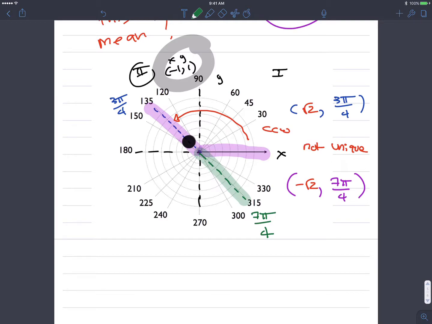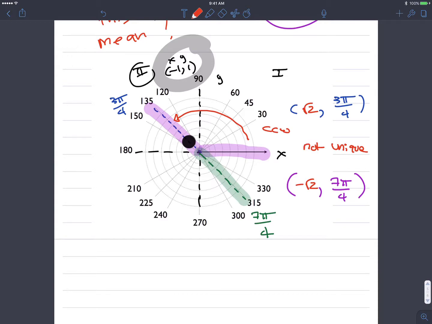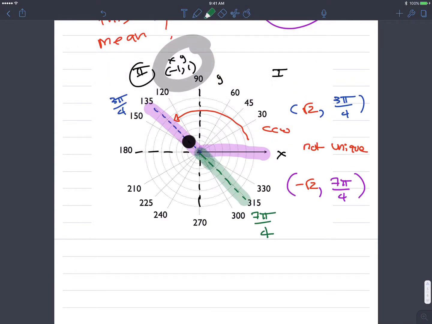But what do you know about your radius? In other words, this point is opposite. Let's find another color. Every radius on this polar axis, if we rotated it that way, has its opposite in the other direction over here. That's my radius of negative square root of 2, right in here.